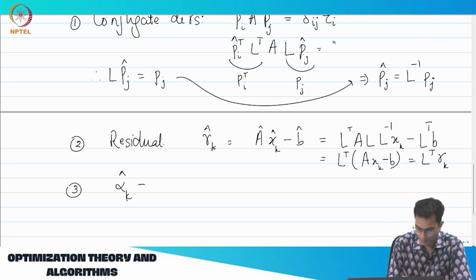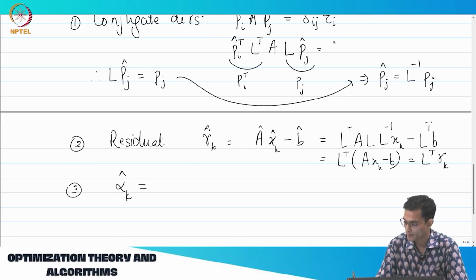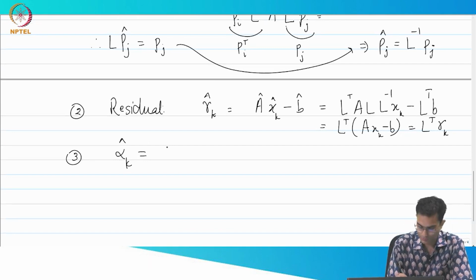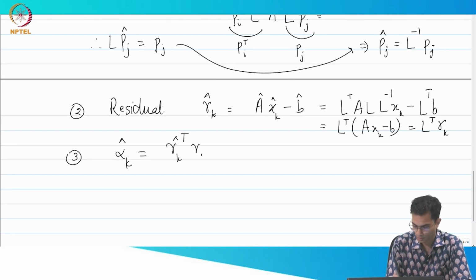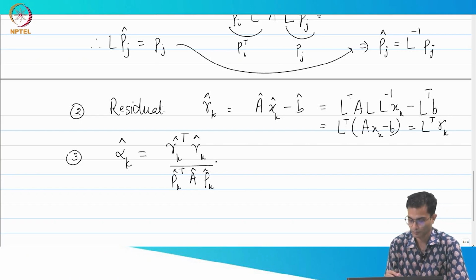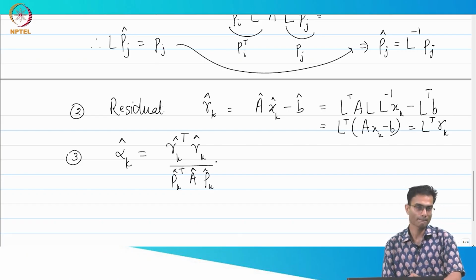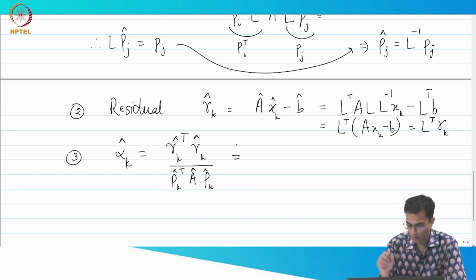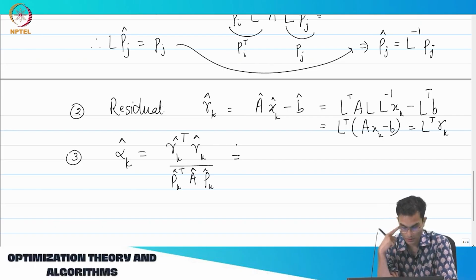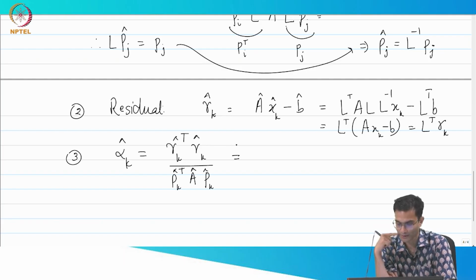What about alpha k hat? If you look at the simplified expression for alpha that we had derived, this was the expression for alpha. Now we already know p hats and r hats in terms of the old ones. So rk hat transpose rk hat, what would that simplify to?